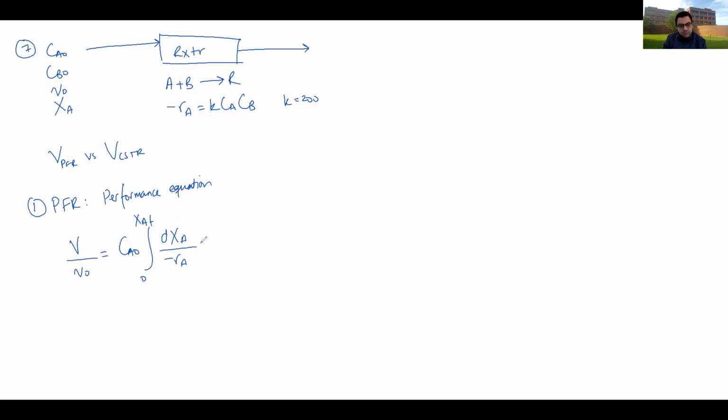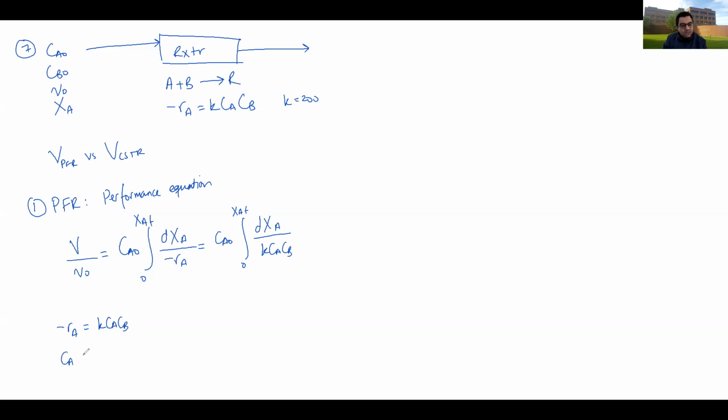Because if I plug in my numbers here, I'm going to get CA naught integral from 0 to XAF of dXA over K CA CB. So I need to rearrange this in a way where I have conversions of XA. So let me write something. Minus RA is equal to K CA CB.